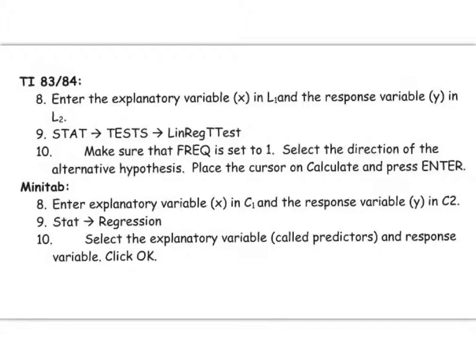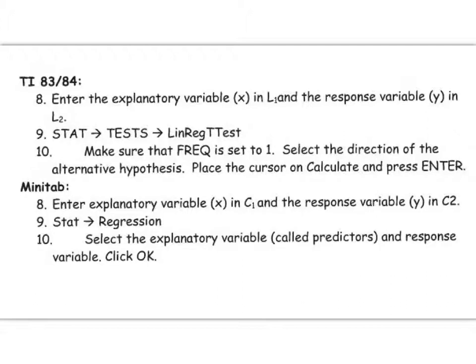When we go to run the linear regression t-test in our TI-83 or 84, you're going to put your X data in list 1 and your Y data in list 2, just like we did for the regression.